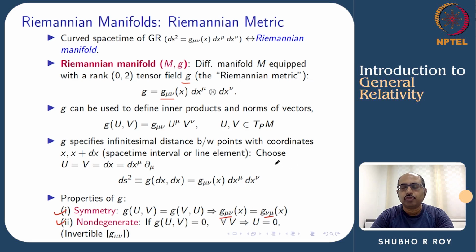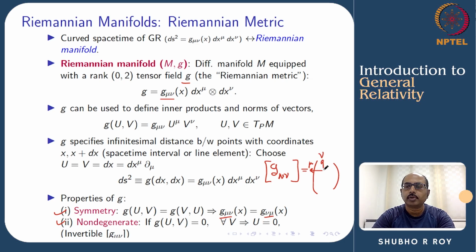So if I introduce a matrix which is populated by the components of the metric, this is a matrix because I'm making square brackets around it, in which the mu-th row and nu-th column element is given by g mu nu.